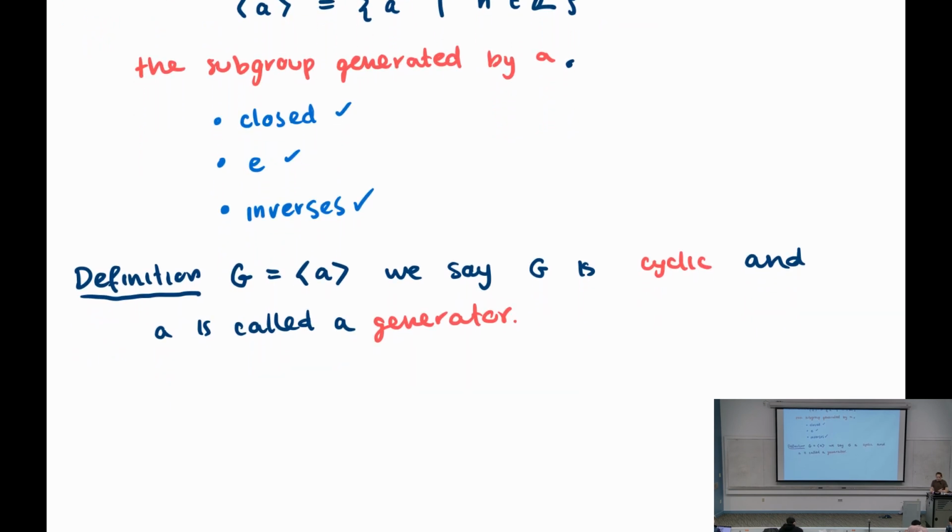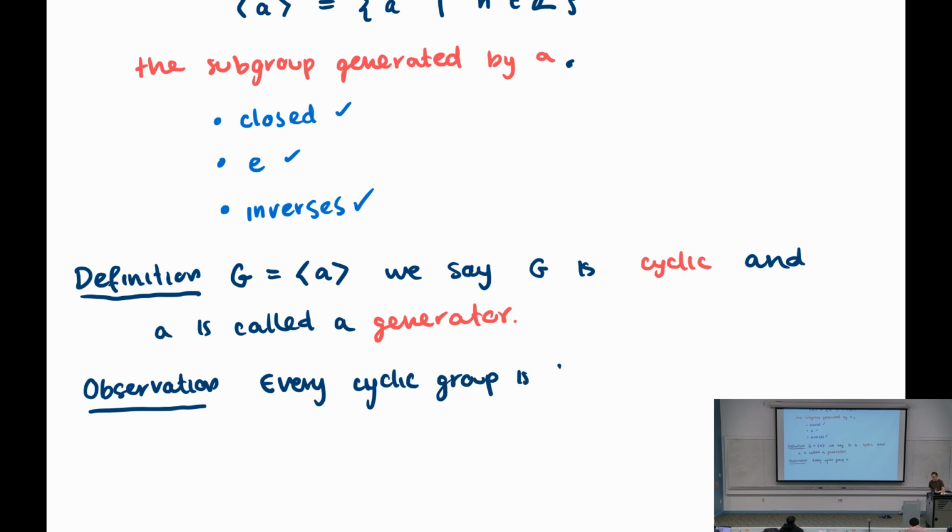And one observation that I'll make is that every cyclic group is abelian. This is just because if your group is cyclic, then every element is written as some power of A, and so by reassociating you can re-express any product as the interchanged product.